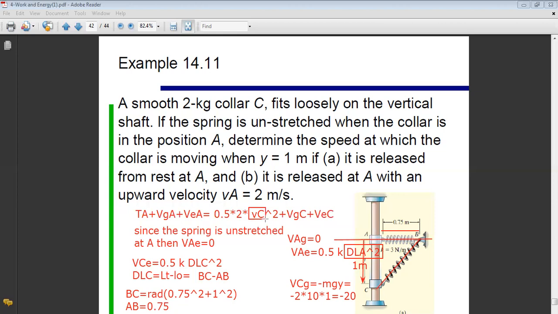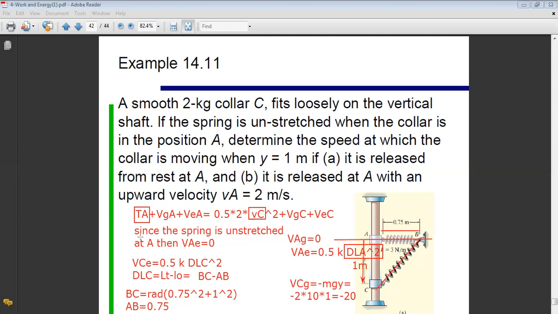Now, what will be the difference, as we said in the second step? If we release A with an upward velocity of 2 meters per second, all terms will remain the same. Why? Because you have the same initial and final positions, but only TA will change. The gravitational potential energies remain the same since the positions are the same, and the elastic potential energies also remain the same.